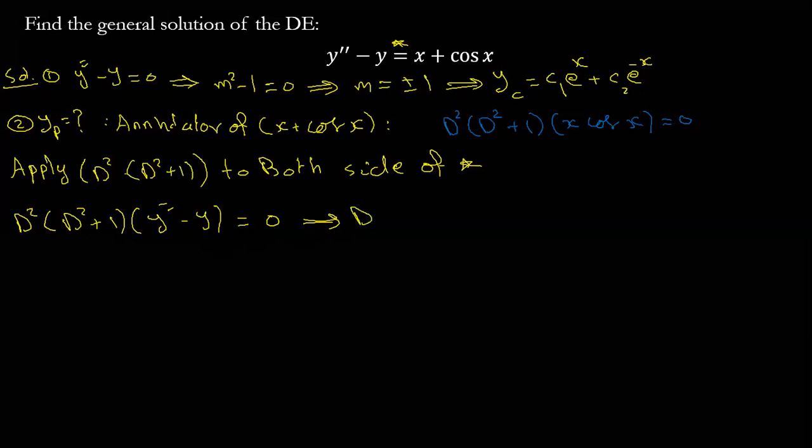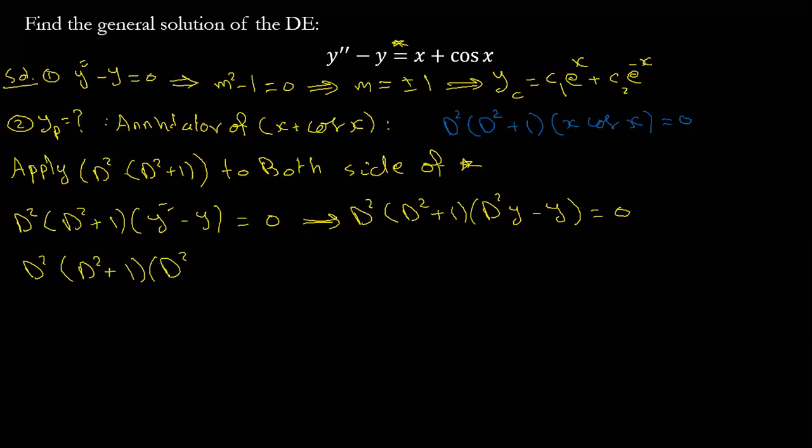So I'm going to simplify it: D squared plus 1, also here D squared y minus y equals 0. I'm going to take y as a common factor. So I have D squared plus 1, D squared minus 1, y equals 0.